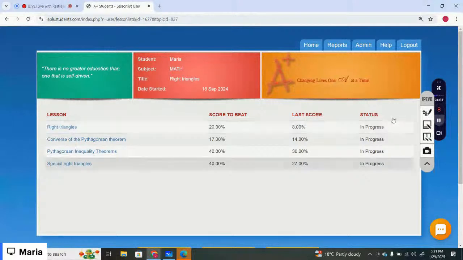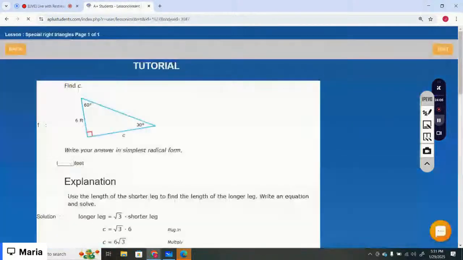The next lesson is special right triangles. Let's just start with the lesson. Find the C. Use the length of the shorter leg to find the length of the longer leg. Write an equation and solve. Longer length equals square root 3 times the shorter length.